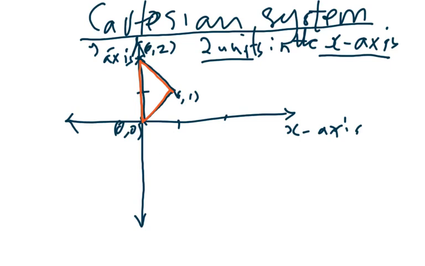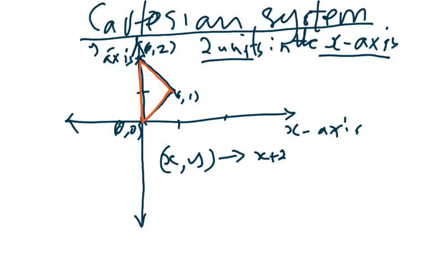We represent it as (x, y) is going to be translated: the x coordinates will have x plus 2, because it's 2 units on the x-axis. There are 0 units in the y-axis.